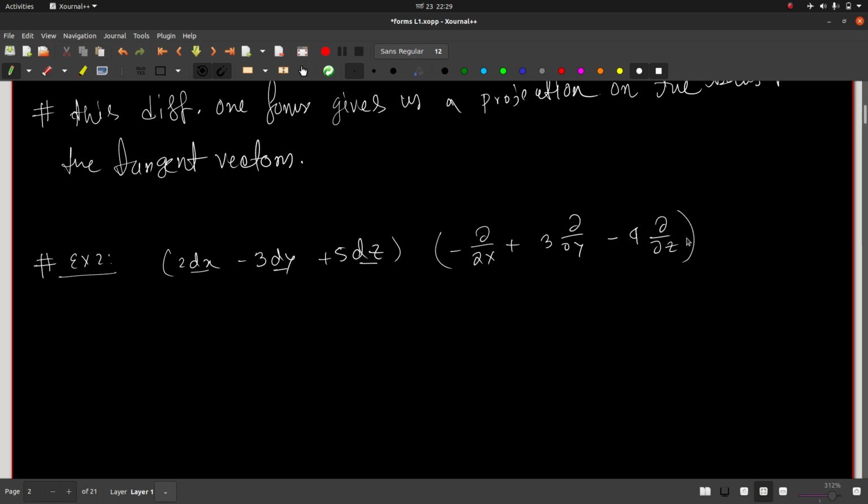If you understand that dx will only produce a non-zero result when it acts on its matching partial, and all the other elements will be 0, this is just a one-line computation, just like the dot product that you see in your ordinary vector analysis. This is just minus 2, minus 9, and then we have 5 and minus 4, so it should be minus 20, right? So this is just minus 31. That's it.